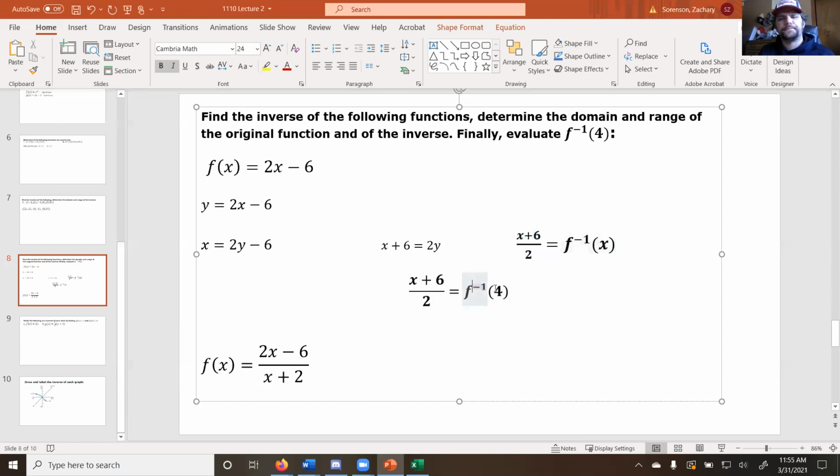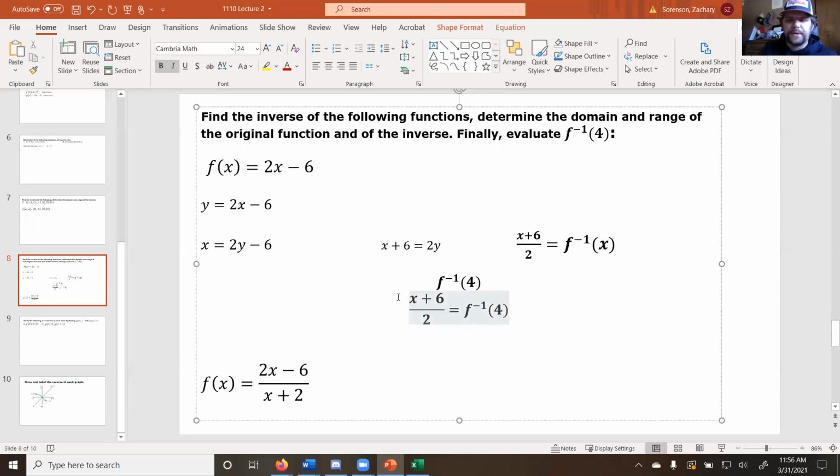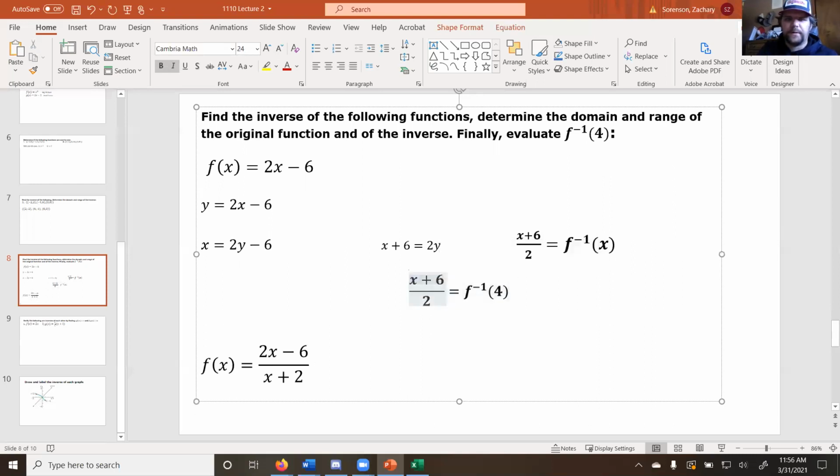Good question. Well, how do you guys think I find f inverse of 4? Like plug in 4 for x? Yeah, right. And this is again kind of a function thing. It's just that now we have the inverse, so I have to plug the 4 into the inverse as opposed to the original function. So if I plug in 4, actually I don't like that.